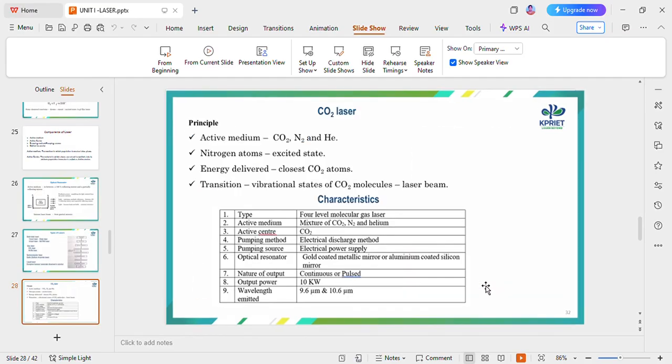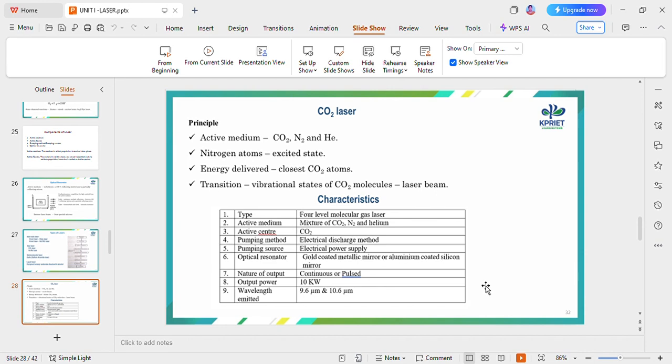And we will see what a carbon dioxide laser is. In a carbon dioxide laser, the active medium is a mixture of carbon dioxide, nitrogen and helium. Nitrogen atoms are used to excite the carbon dioxide molecules, because the energy levels of the nitrogen atoms are very close to those of the carbon dioxide molecules.